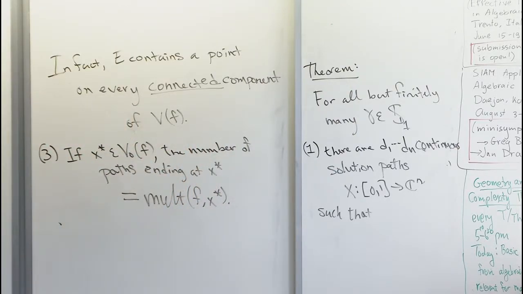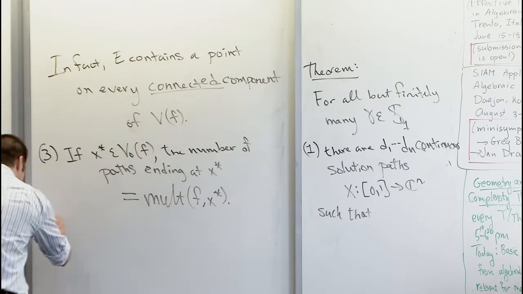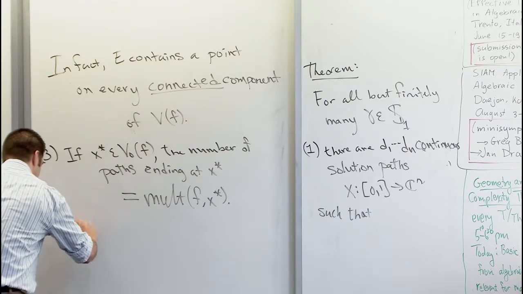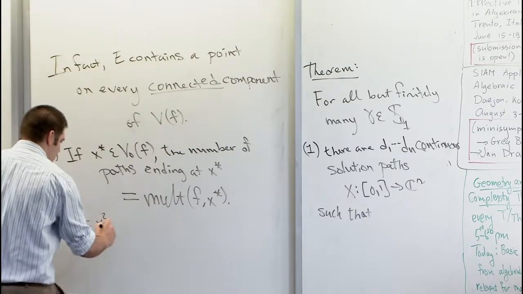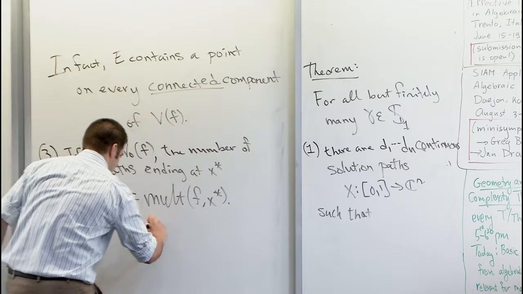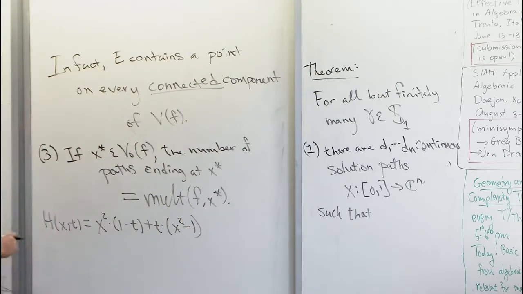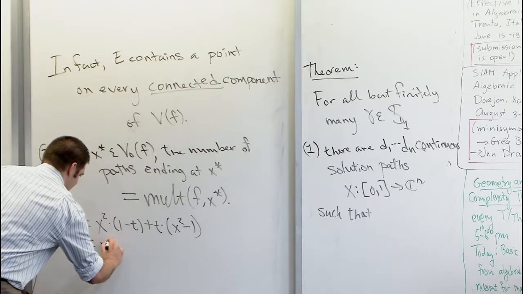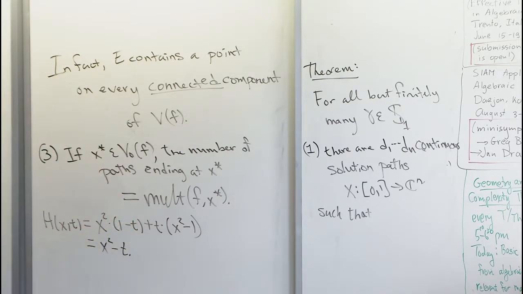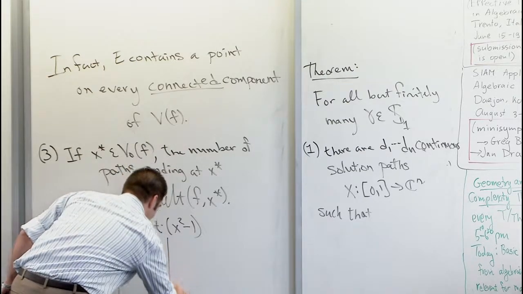So if you have a multiplicity 2 root, for example, let's say I want to solve x squared, and I start with x squared minus 1. Here I don't need a gamma; gamma equal to 1 works here. You can rewrite this as x squared minus t, and now you can simply draw the picture.